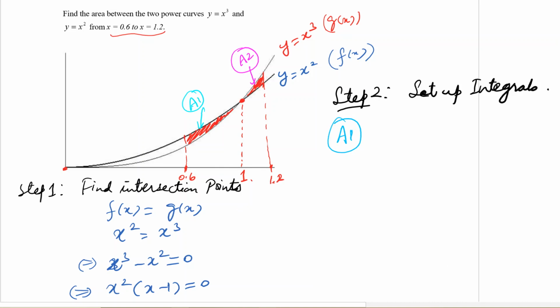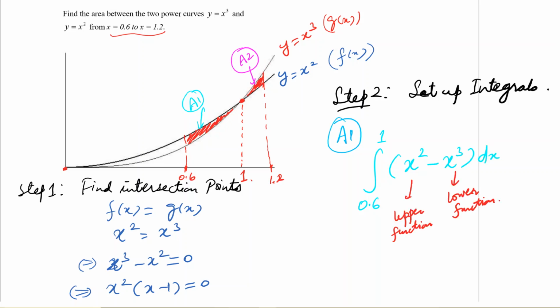In the case of A1, we need to set up an integral from 0.6 to 1, and we're going to do upper function minus lower function. The upper function in this case is y equals x square, so x square minus the lower function x cube, dx.